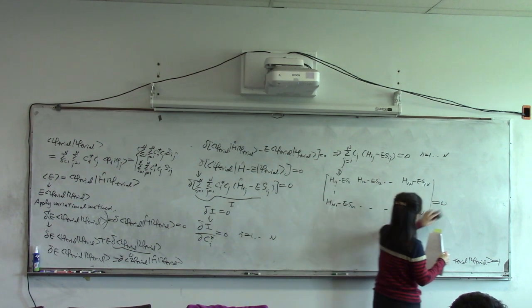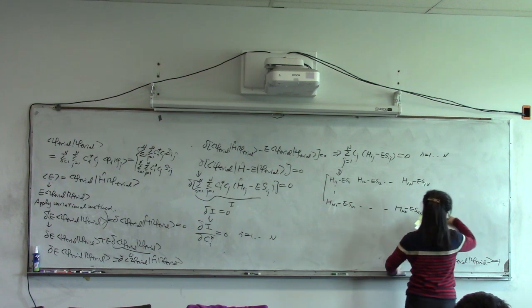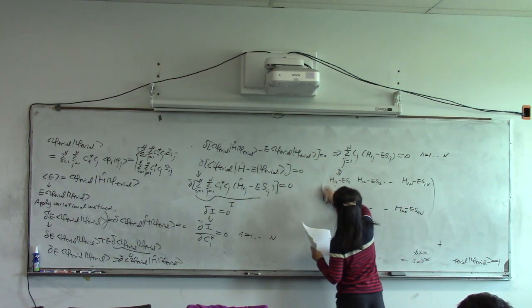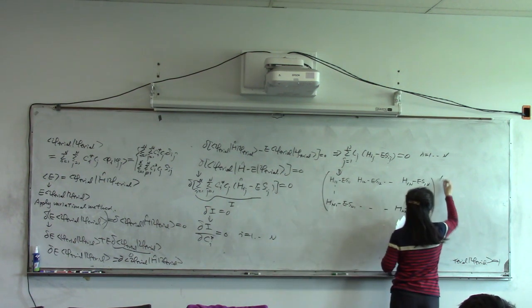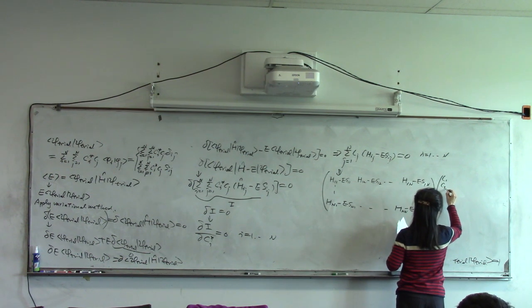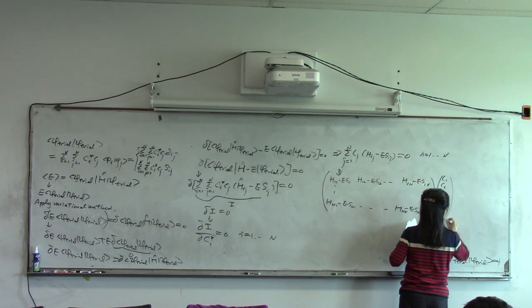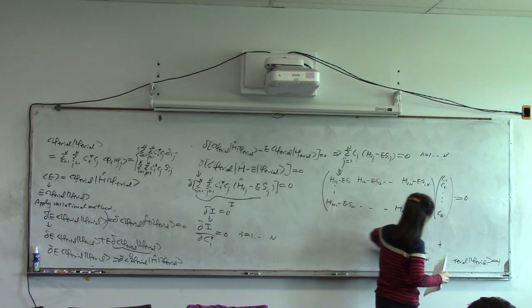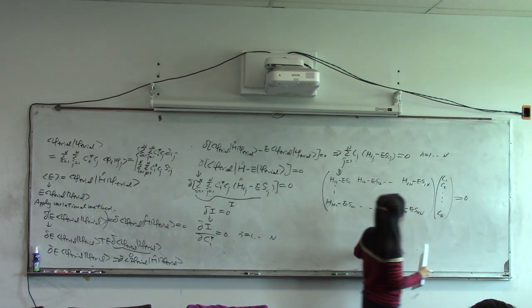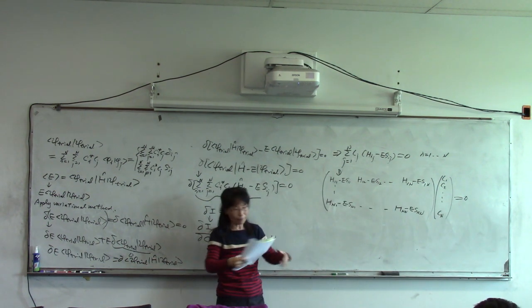Sorry. There's also the coefficient vector here, that is the matrix here, and then C1, C2, up to Cn. Right? So it became solving this eigenvalue problem.